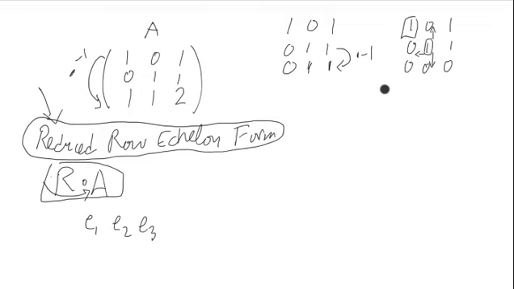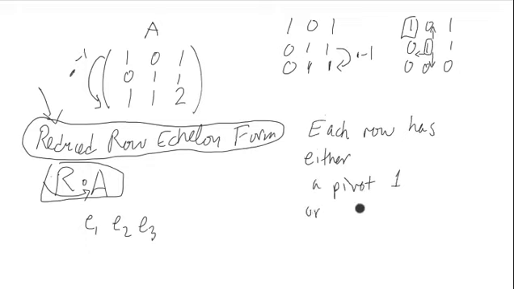So what is reduced row echelon form? It's trying to get to Smith normal form, but not exactly. What we have is that each row has either a pivot 1 or it's all zeros.